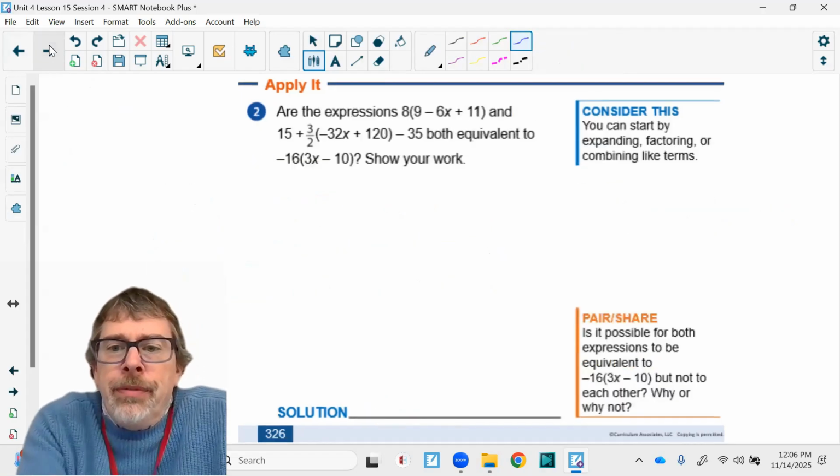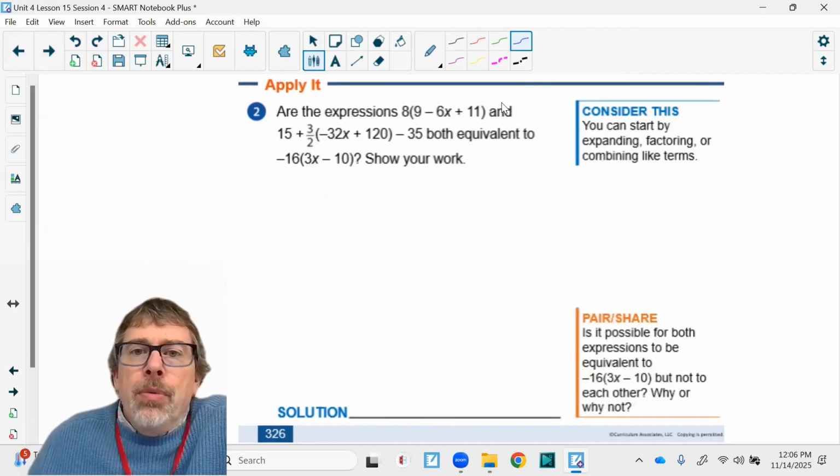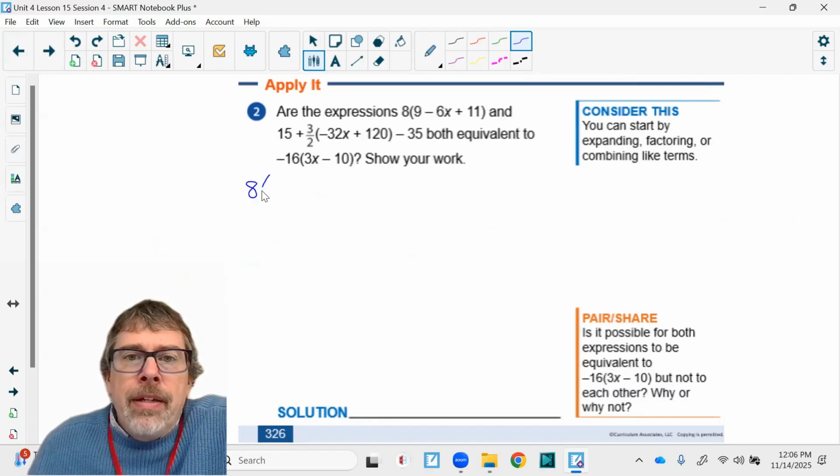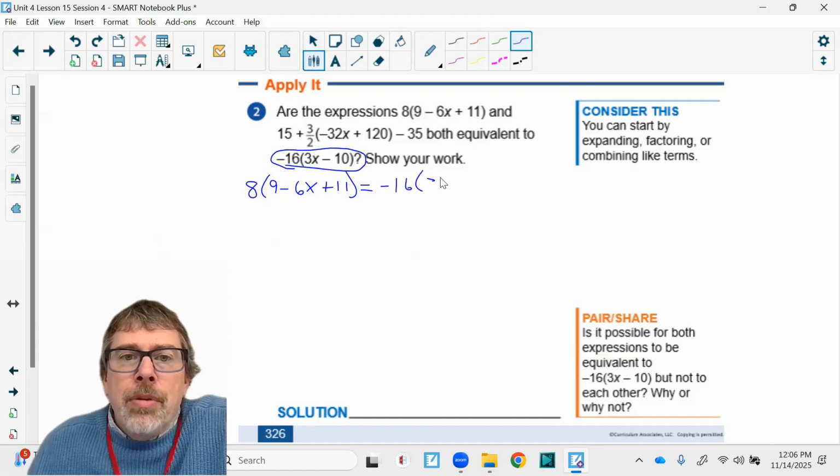Okay, here's another one. We're trying to decide if these two are equivalent. This and this. Are the expressions this and this both equivalent? So we have to do this twice. So it's going to be 8 times 9 minus 6x plus 11 has to equal, we're trying to see if they're both equal to this, negative 16 times 3x minus 10.